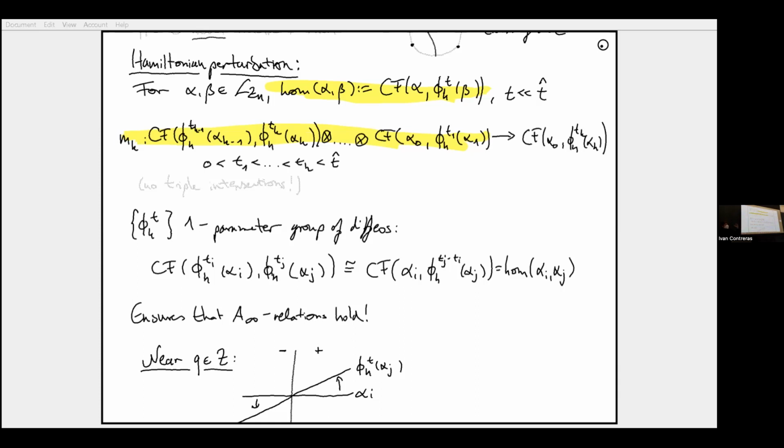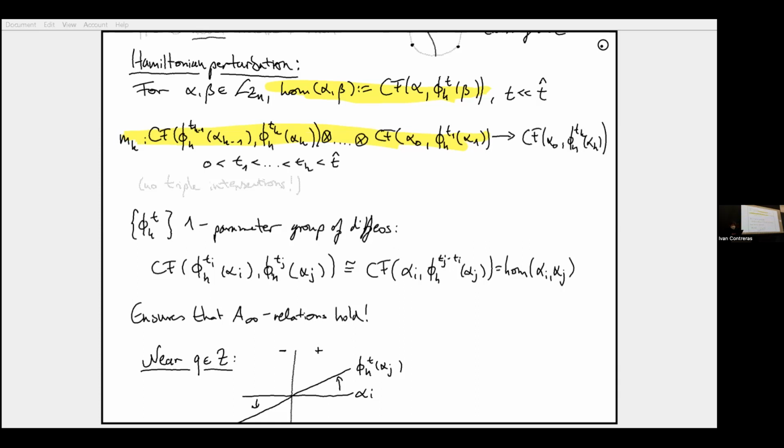For sufficiently small t, the morphism spaces will always be isomorphic. And so in the end, the exact time that you take does not change any of this. And that ensures that the whole construction comes out okay, and the A infinity relations hold.